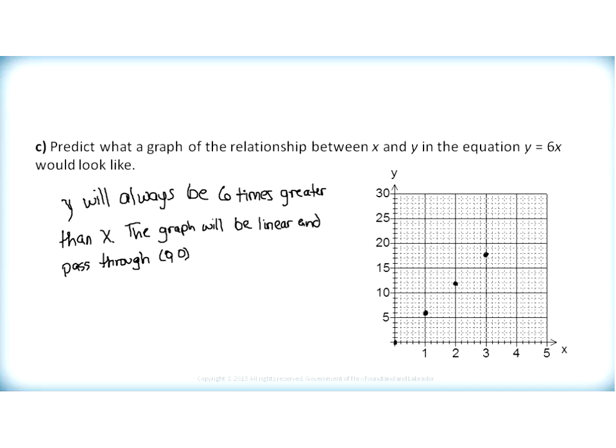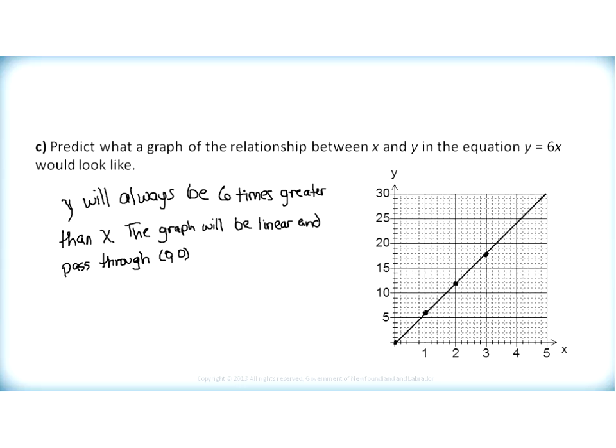And you may be able to tell here that this is going to be a linear graph. So I get my ruler, my straight line. I'm going to have a straight graph that passes through all my points. And so it's definitely a linear graph.